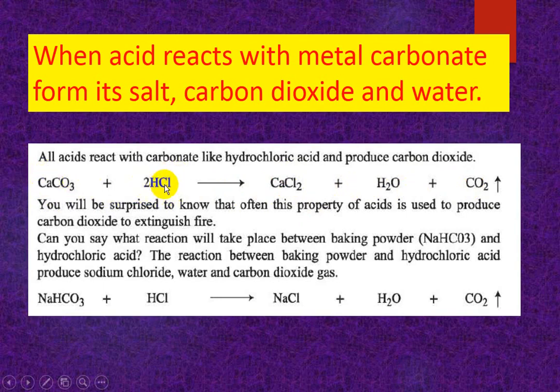So calcium and chloride form calcium chloride. From the acid the negative end comes, from here the positive end comes. Okay, positive radical and negative radical form calcium chloride. Then water and carbon dioxide. So what will be here? The three products will be salt, water and carbon dioxide.